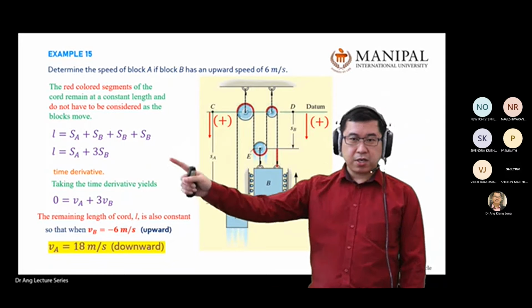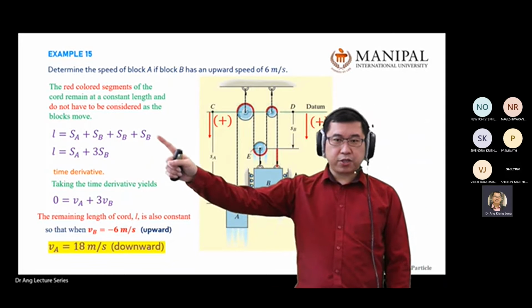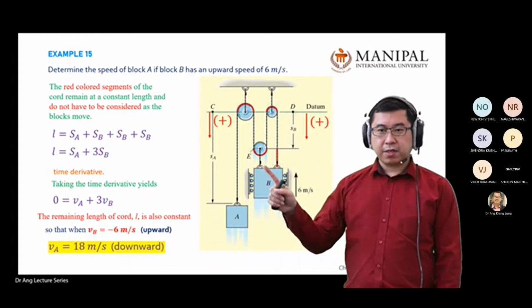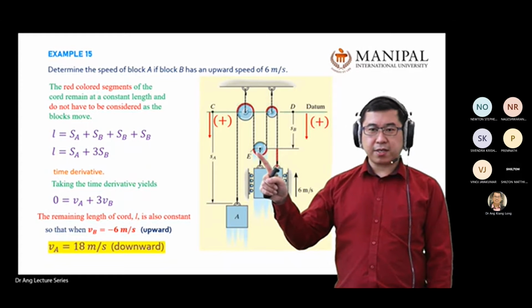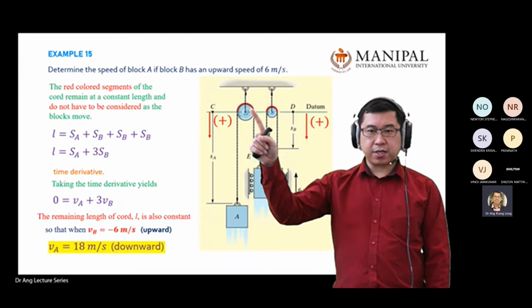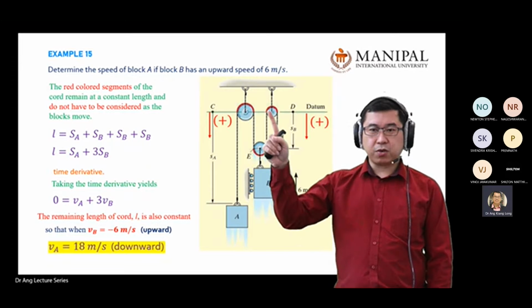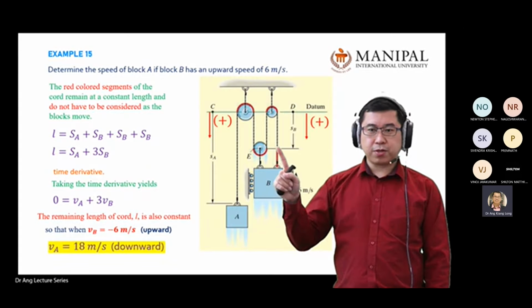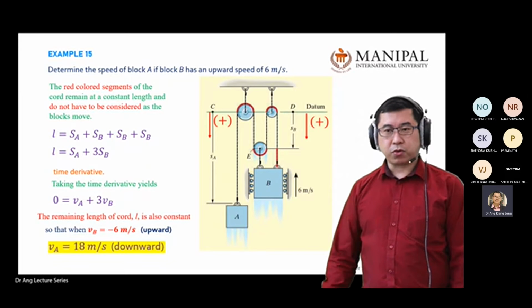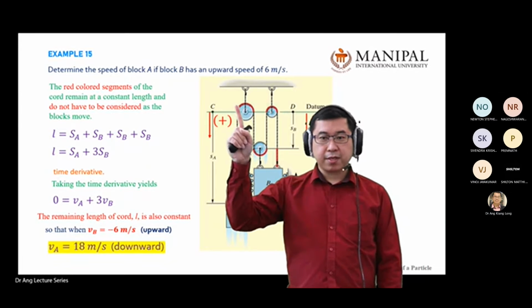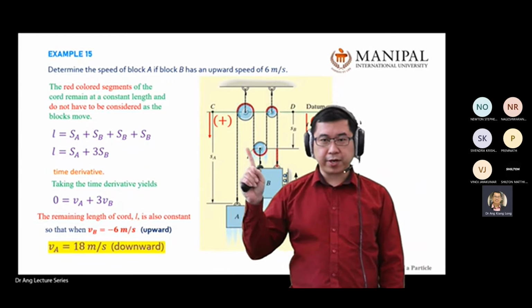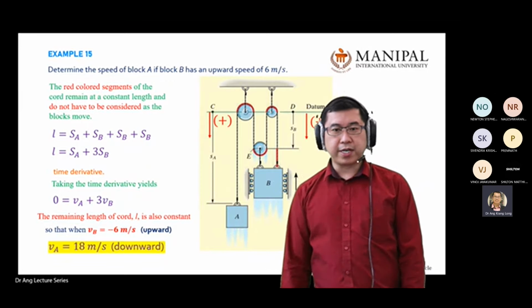However, when you change this equation into velocity, all this red color length doesn't change. It always stays with this length. Here to here also doesn't change. So when you divide over time, this length divided over time in this equation, if you input all the red color in this equation, you still get 0.